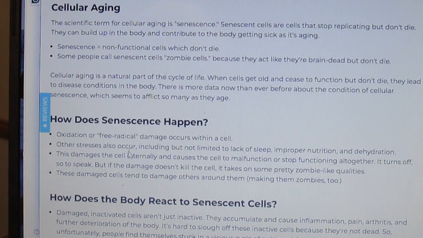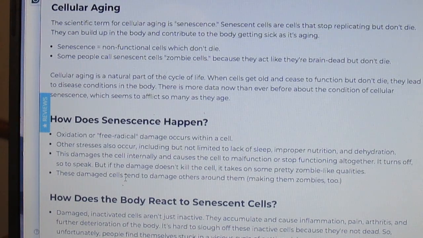And other stresses can also happen from lack of sleep or improper nutrition and dehydration, things like that. Now the cell becomes damaged internally and causes the cell to malfunction or stop functioning altogether. It kind of turns a switch off, so to speak.